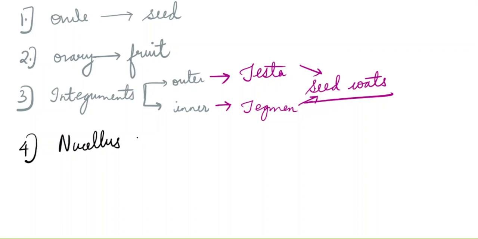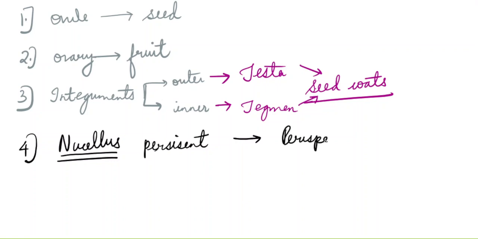If the nucellus is persistent, meaning it is present after fertilization also, present with the seed and fruit, then we call the persistent nucellus perisperm.